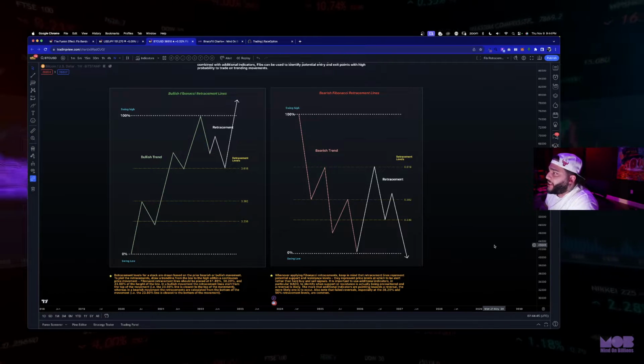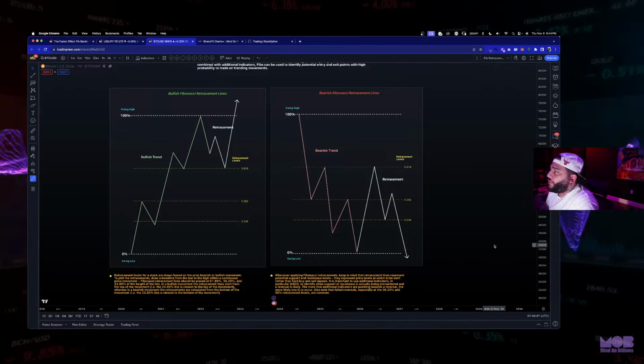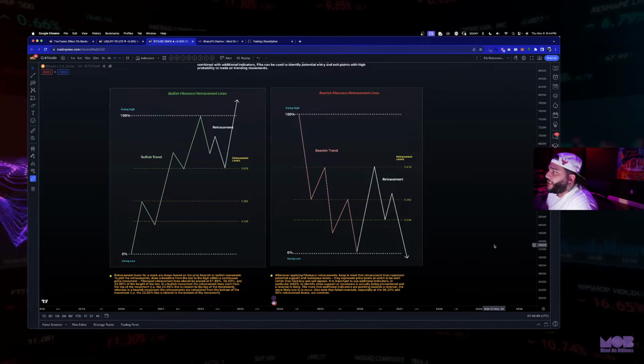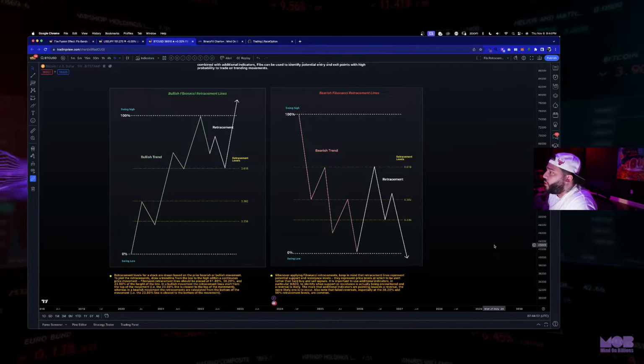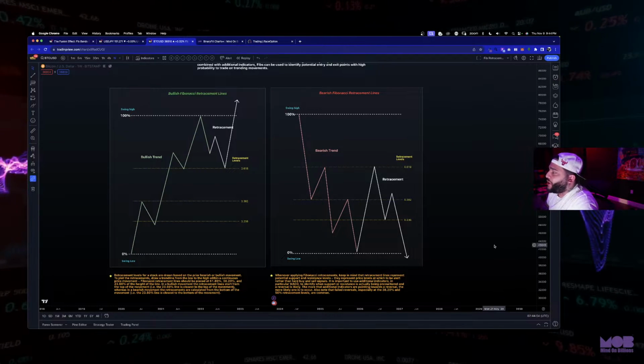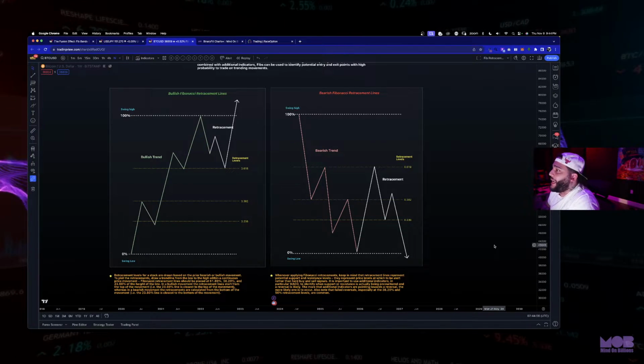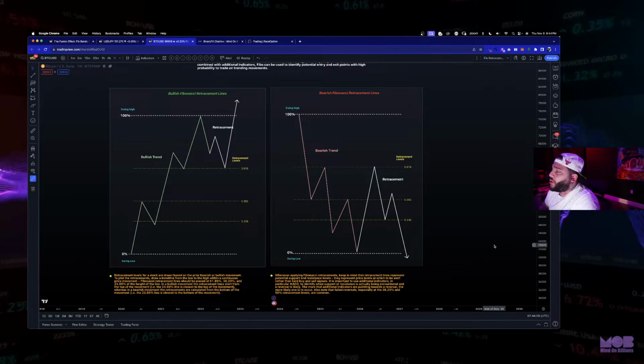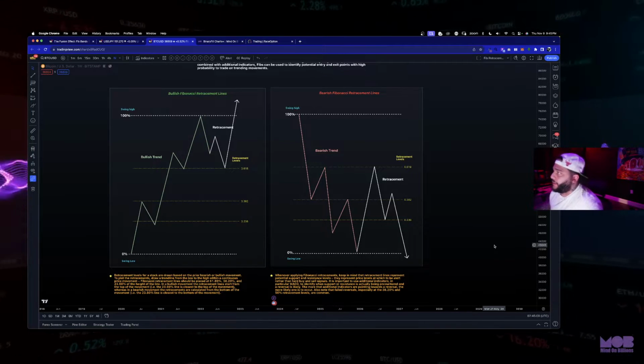The more that additional indicators are pointing towards a reversal, the more likely one is to occur. Also note that failed reversals, especially at the 38.20% and 50% retracement levels, are common.